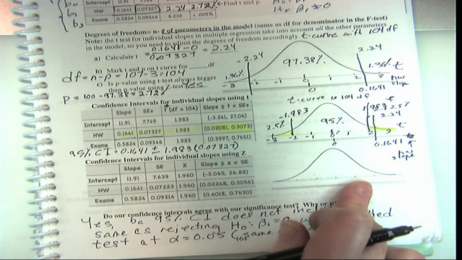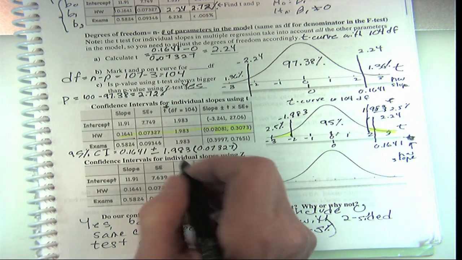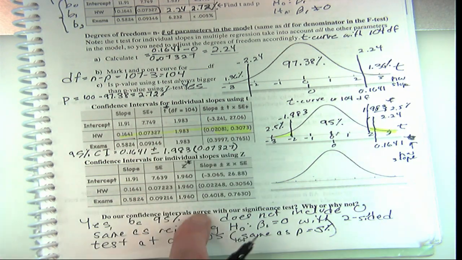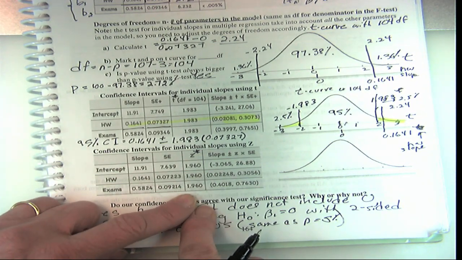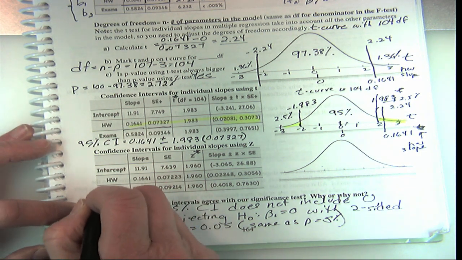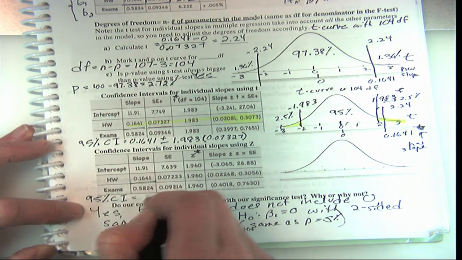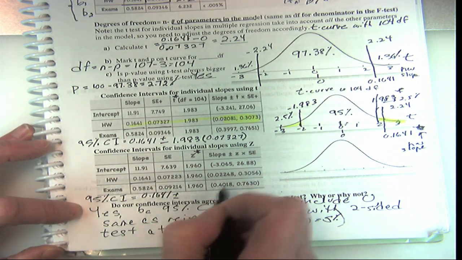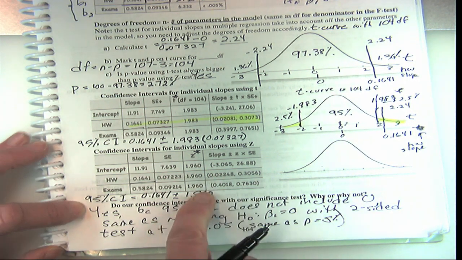Same with the z. So we can do the same thing with the z. It's probably easier because there's just one critical value. You don't have to have a separate one for each degrees of freedom. It's just one. And we've been calling it 2, but it's actually 1.96 here. So our 95% confidence interval is going to be the same thing, but now instead of t star, we're using z star. And you see that's a little bit narrower.